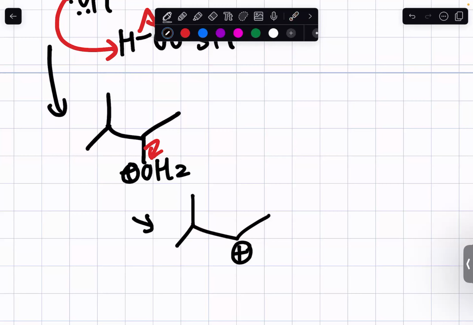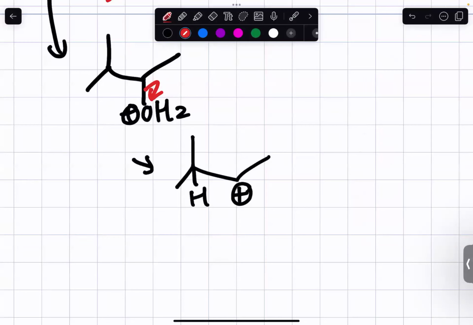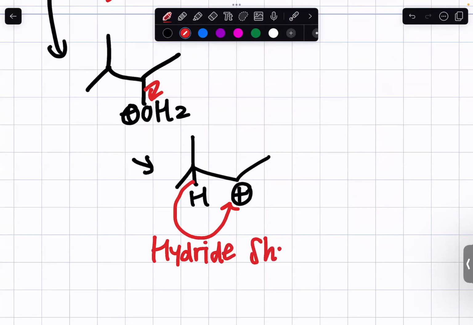So to do that, you know how that carbon has an invisible hydrogen? That invisible hydrogen is going to move onto that carbon right there. This is called a hydride shift. Okay.